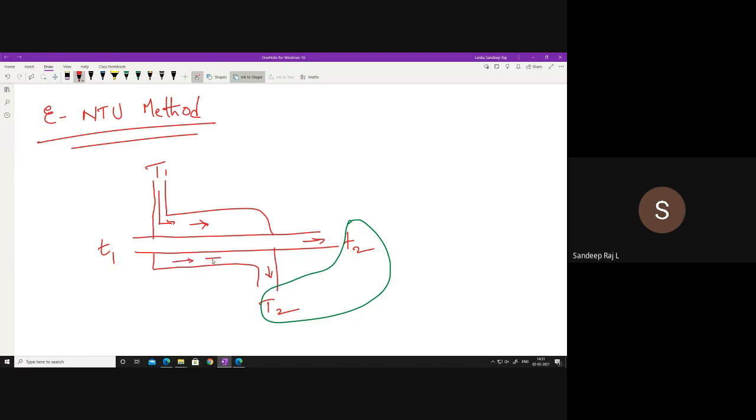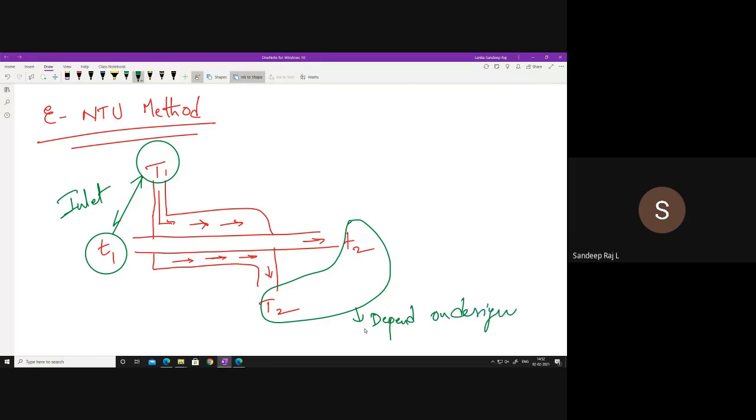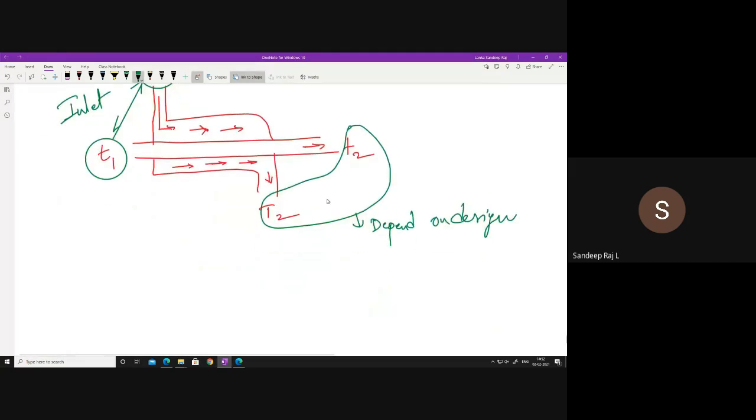So when it comes to real-time design, you will be in a position to decide these two temperatures. The inlet temperatures only you will decide. The outlet temperatures depend on the design of this one actually. So in reality, these two will be unknown.